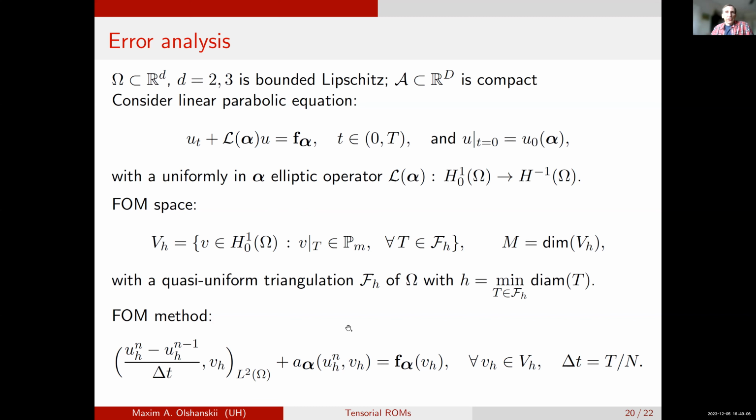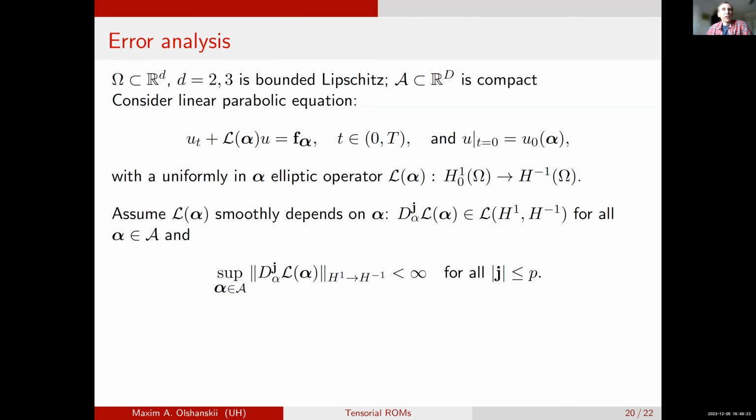And this is the bilinear form which corresponds to the elliptic part of the parabolic problem. So a very standard setup. Just think about the heat equation parameterized, if you wish. I need some assumption on how smooth the problem is with respect to the parameter, and here this assumption is formulated.